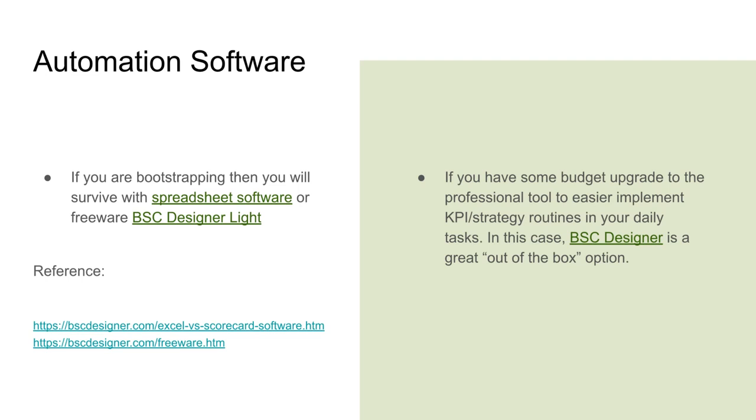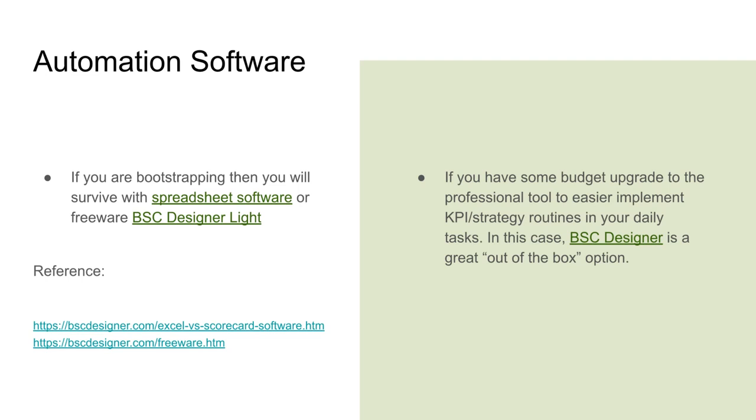In the references, you can find 2 articles. One leads to a discussion about the benefits of using professional software versus using spreadsheet software, and another is linked to BSC Designer Lite. Okay, if you have some budget, then you can go to a professional tool, and of course I can only recommend BSC Designer, which is a great option because it's out of the box.